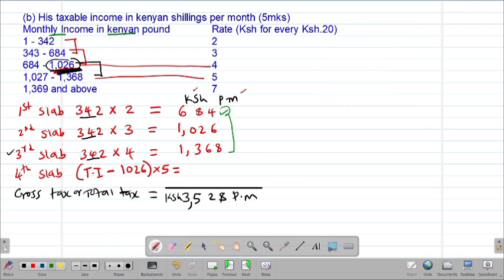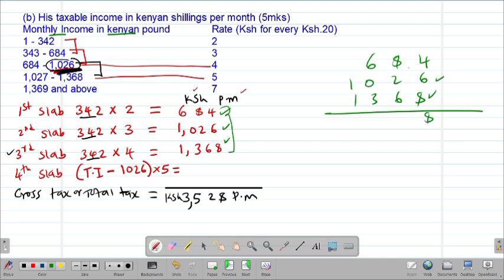So if you take 684 plus 1026 plus 1368, you add these three values. This is 14, these two will give us 14, this is 18, 18 carry 1, this is 11, this is 17 carry 1, this is 10 carry 1, this is 3078. So this is giving us 3078.